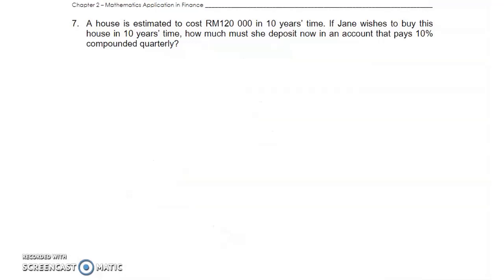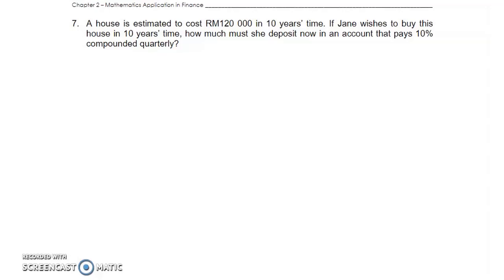Okay, question 7. A house is estimated to cost 120,000 in 10 years' time. If Jane wishes to buy this house in 10 years' time, how much must she deposit now in an account that pays 10% compounded quarterly?